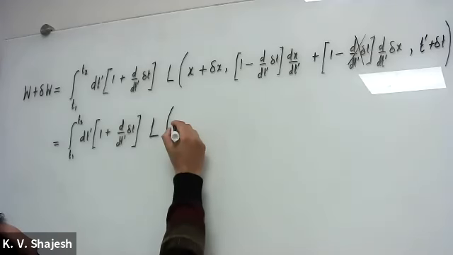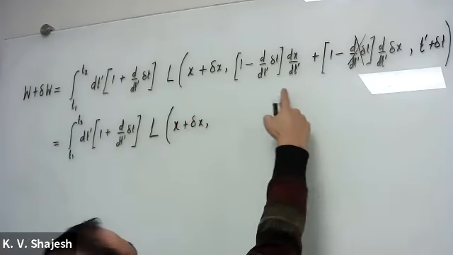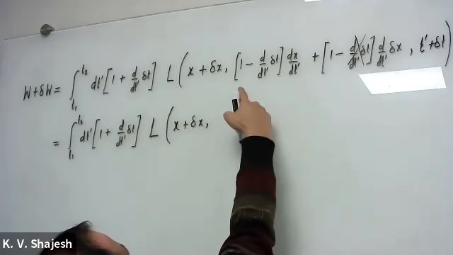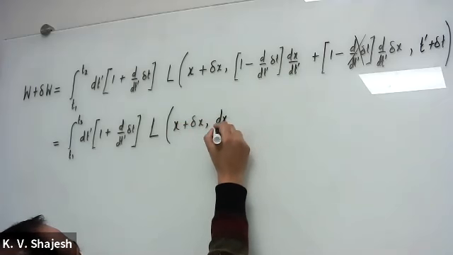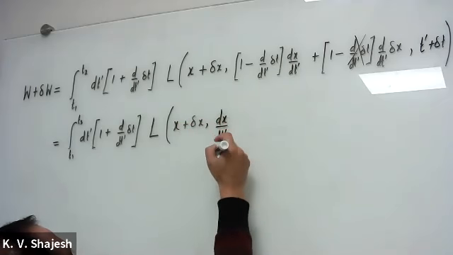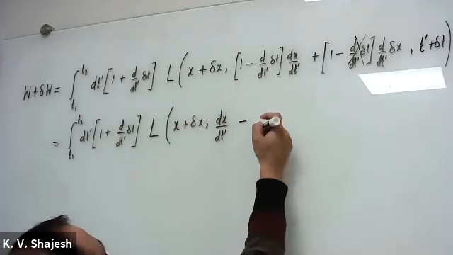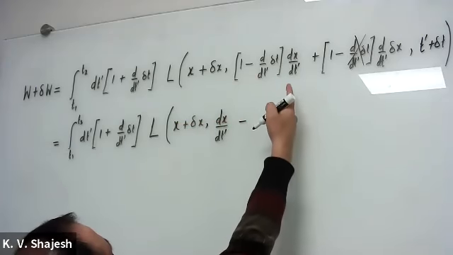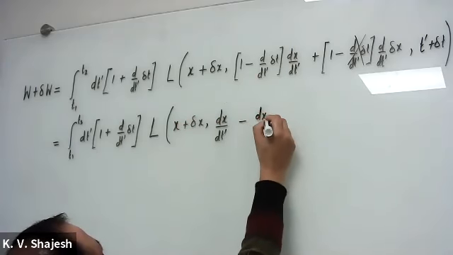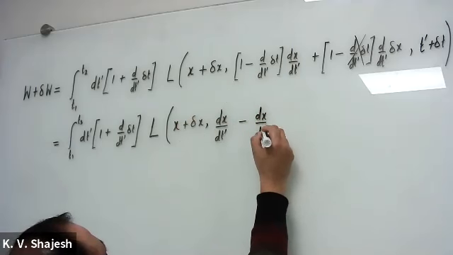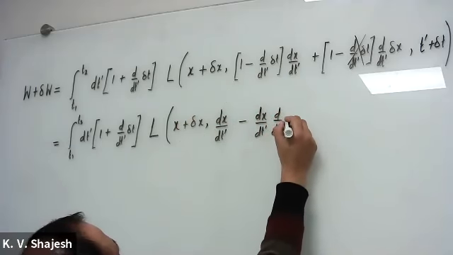So this is x plus delta x. And let me write this out clearly. So the 1 multiplied by this is the actual derivative, this time in terms of t prime. Then there is minus dx by dt prime, and d by dt prime of delta t.